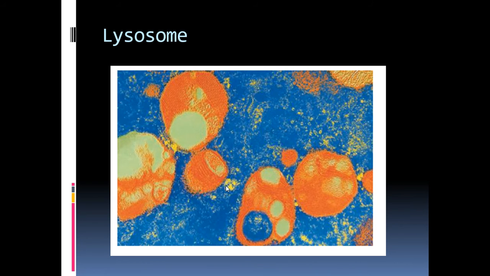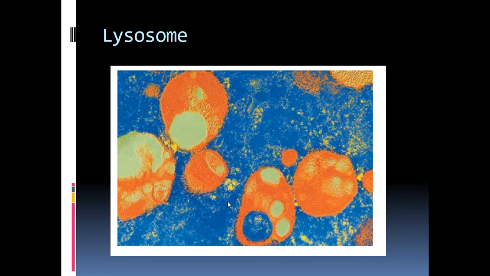Next is the lysosome, and we have already learned just now that lysosomes are structures that come from vesicles that bud off from the Golgi body. So they have modified protein inside of them as well, and most of the modified proteins are enzymes. To be precise, it's hydrolytic enzyme, which is used to break down substances and compounds.